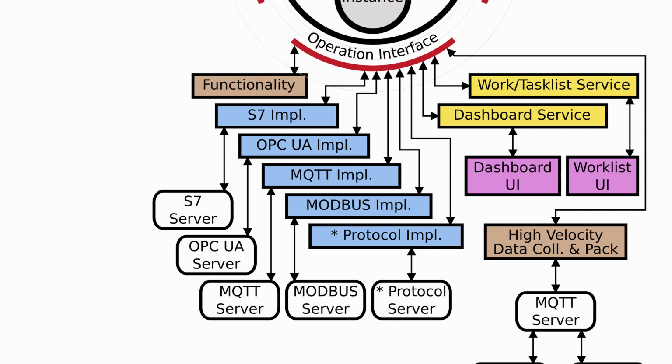Another block of functionalities is the blue one. Of course, very often I just want to access information through some customary protocols on the shop floor. There are protocols like S7 or OPC UA and MQTT, Modbus, or any other proprietary protocol. These blue functionalities are very generic.